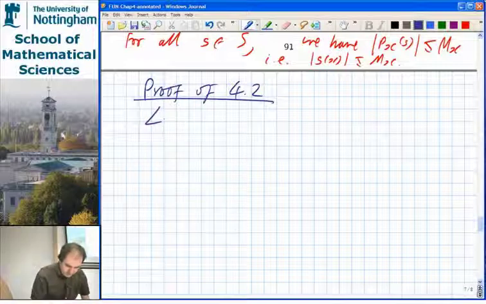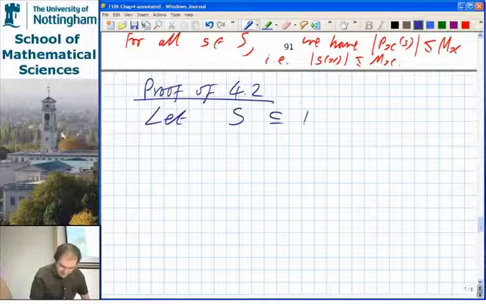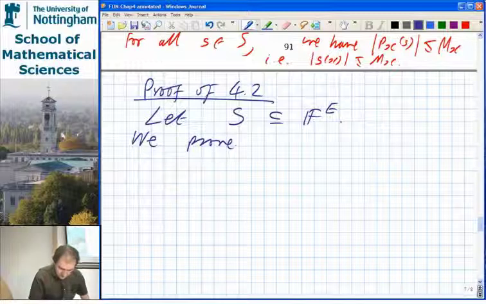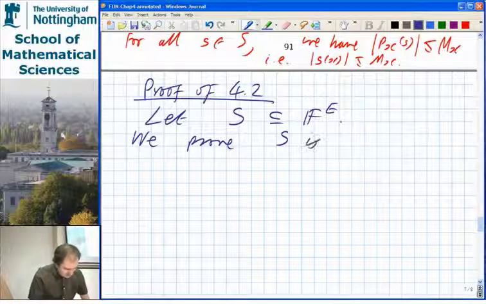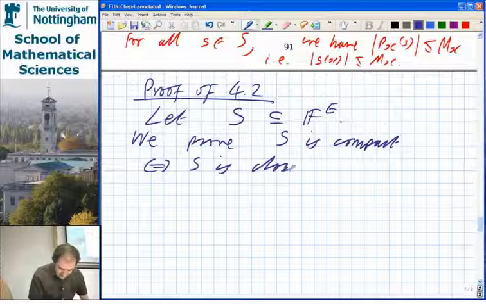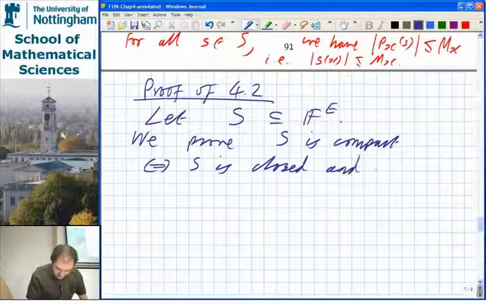So let S be a subset of F to the E. We prove that S is compact if and only if S is closed and pointwise bounded.